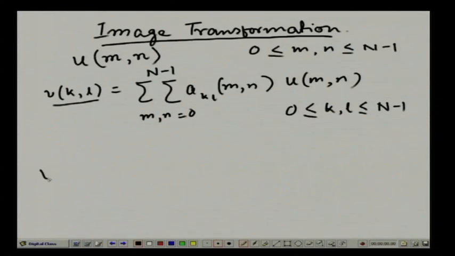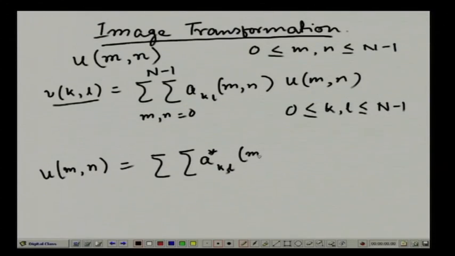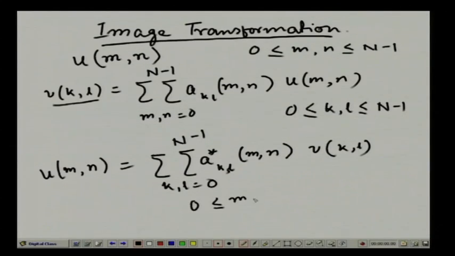We will have u m n given by the double summation A star k L m n V k L, where k and L vary from 0 to N minus 1, and this has to be computed for 0 less than or equal to m, n less than or equal to capital N minus 1.